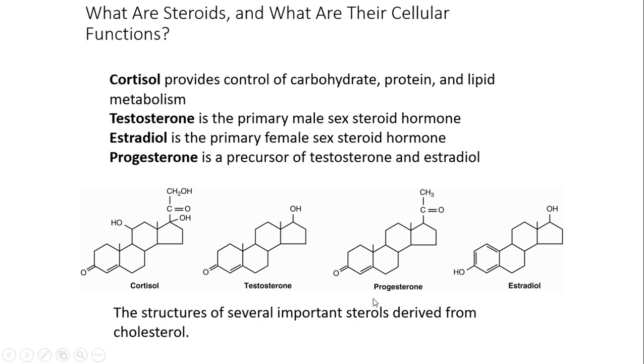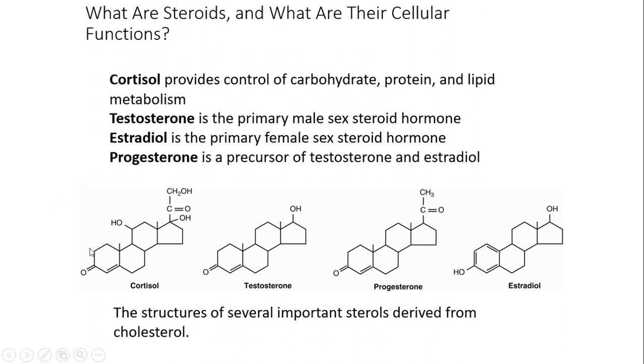Androgens consist of testosterone and estradiol, two sex hormones that you should probably be familiar with. Progesterone or progestin regulates and plays a role in estrus and pregnancy, and cortisol controls carbohydrate, protein, and lipid metabolism.